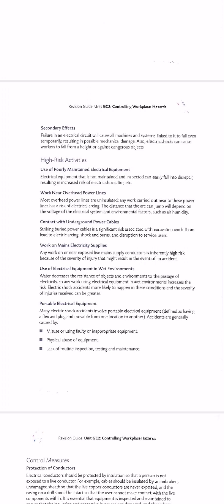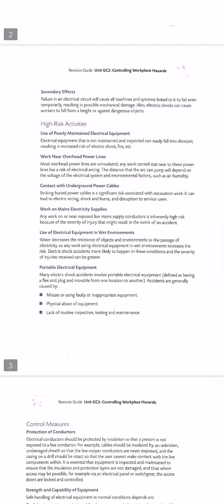Then use of equipment in a wet environment. You have to watch out when you are using equipment in a wet or rainy area, which is electricity also. It can lead to shock, right? Water decreases the resistance of objects and the environment to the passage of electricity.